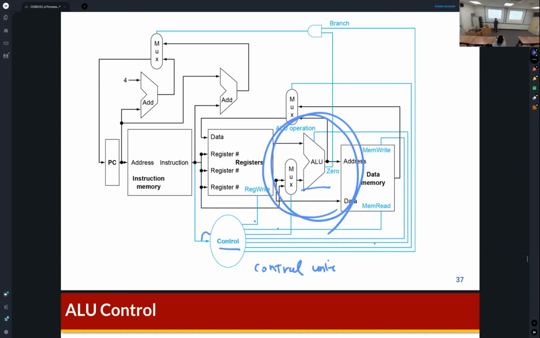Also, we can use this ALU for memory instructions, because ALU can generate the address for the data memory. You can find that the output of ALU is connected to the input of data memory, and this is the address. So ALU can be used for calculating addresses for load and store instructions, right?